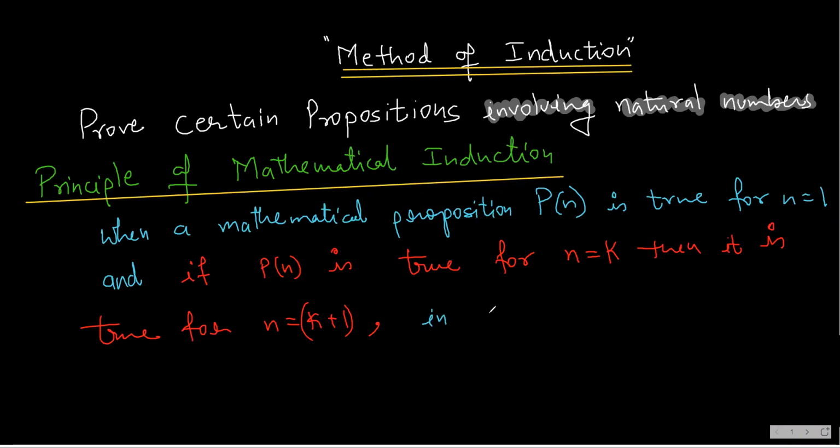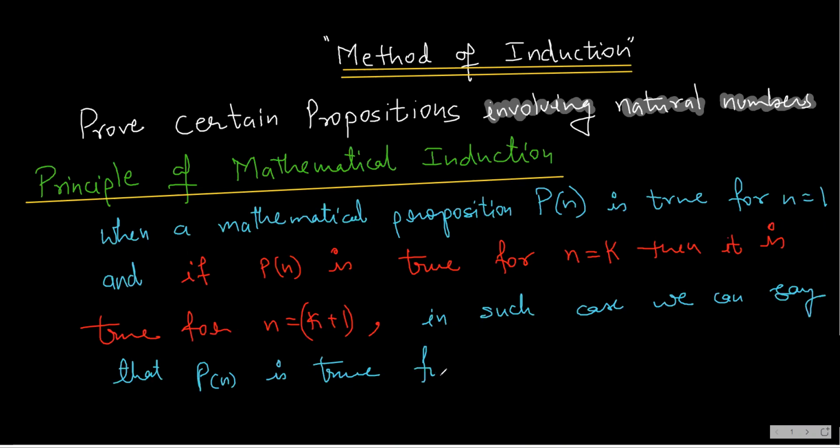In such a case, we can say that P of n is true for all n natural.